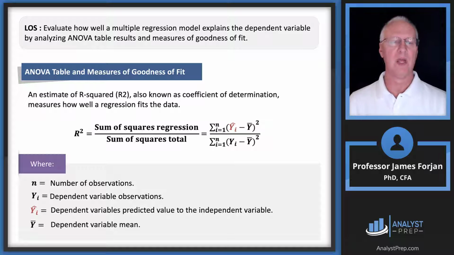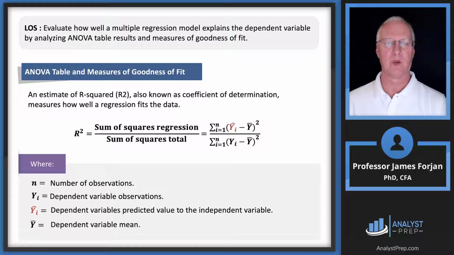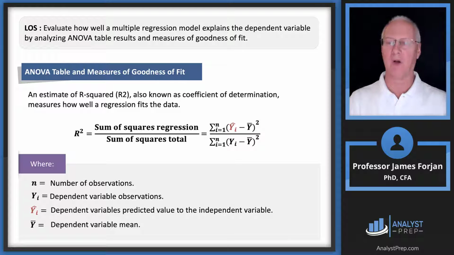And so here in the numerator, we have sum of the squares regression. I think it's important to look on the right-hand side of that equal sign over there on the far right. So what is that numerator? Sum of the squares regression. We're taking the difference between y bar, which is the dependent variable mean, minus the predicted values based on the model.